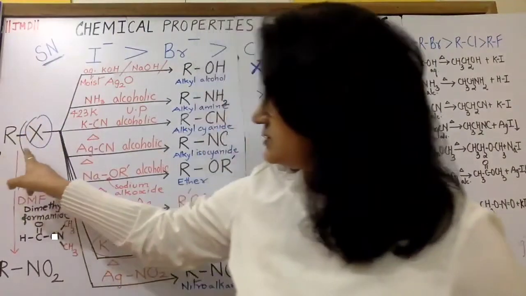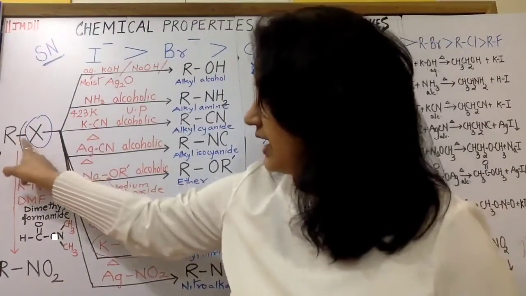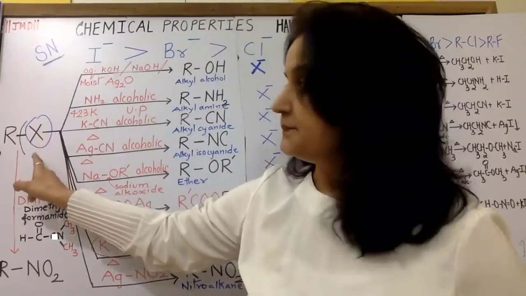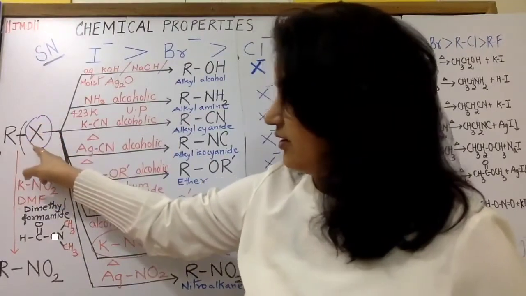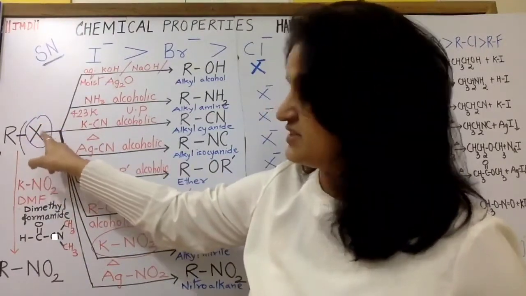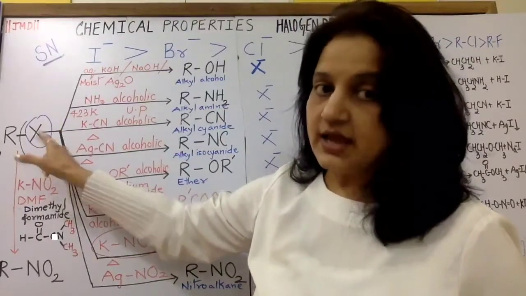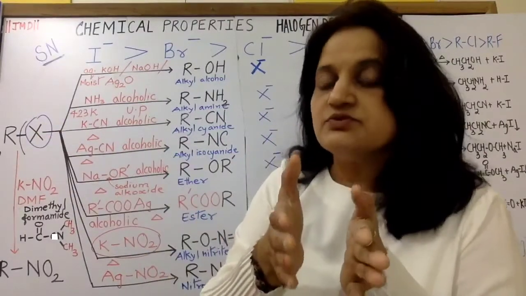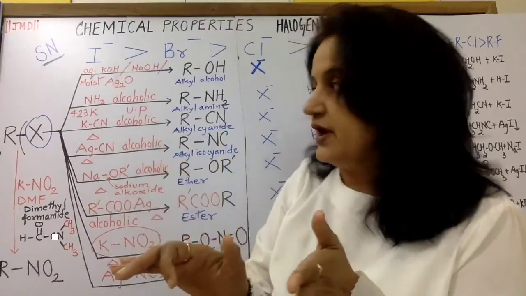The substrate is alkyl halide, that is haloalkane. The nucleophile of the substrate which will be removed is the halide ion. This halide ion is a weak nucleophile which will be replaced by a stronger nucleophile.